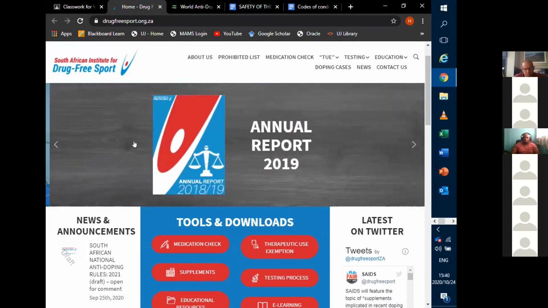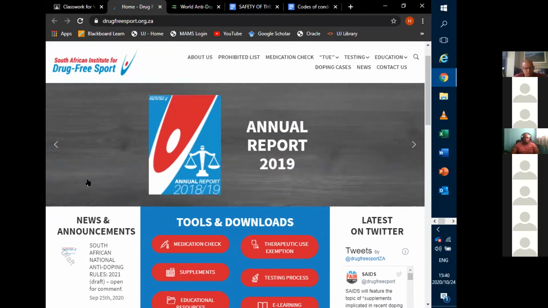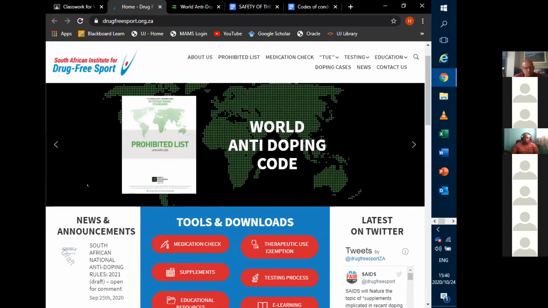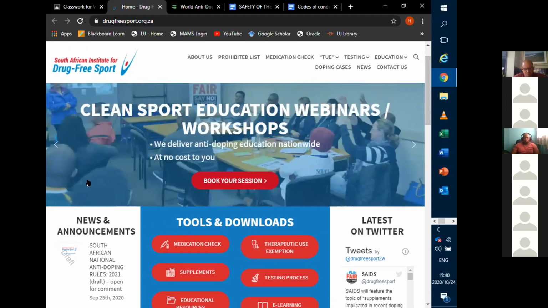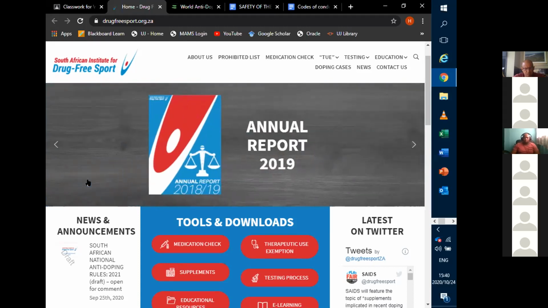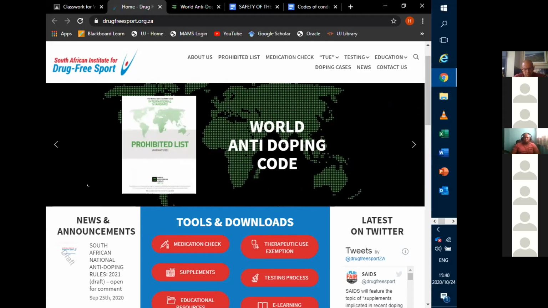You can see here they'll do the anti-doping, they'll have a look at clean sport. They have a lot of materials that they usually bring with as well. And it's actually quite worthwhile for you to investigate having some of these anti-doping officers just come and have a chat to your club.